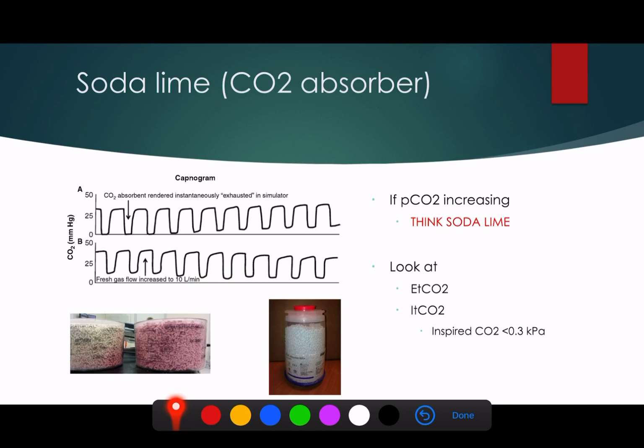And the reason is because you're flushing out more of the system. Now, this is less efficient for the ventilator, and if you're using a volatile anaesthetic, you will consume it a lot quicker. However, what you can do by increasing the flow rates is flush it out and buy yourself a little bit of time until you change your Sodalime.